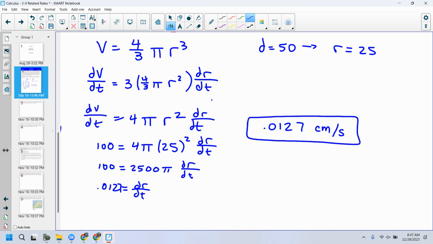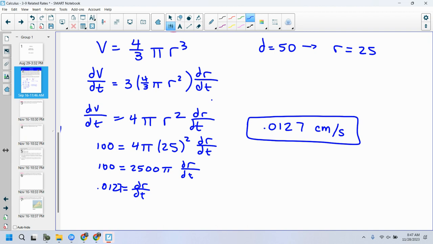Think about what you found and say, if the radius is changing that much, what is that radius? It's a linear length, not a two-dimensional length. So it's centimeters per second. That's how fast the radius is actually changing when the radius hits 25 centimeters.